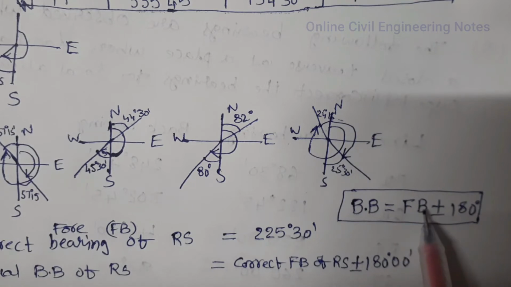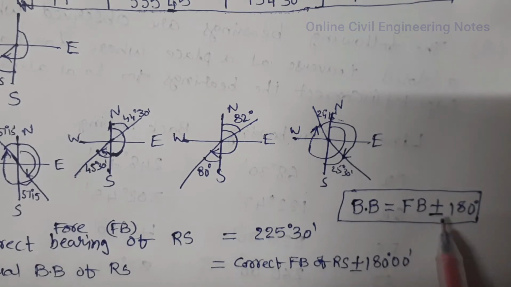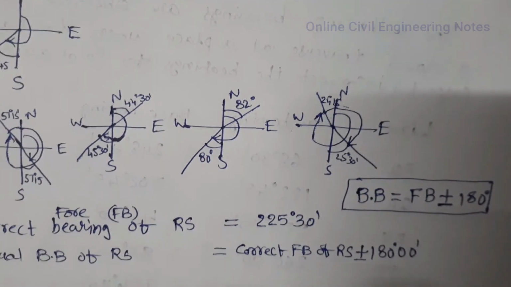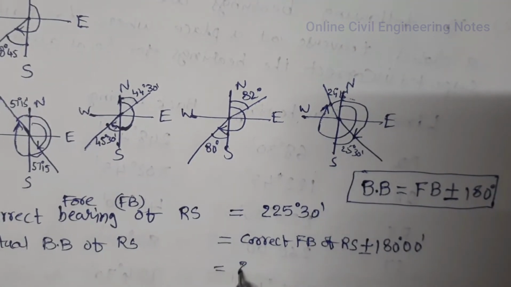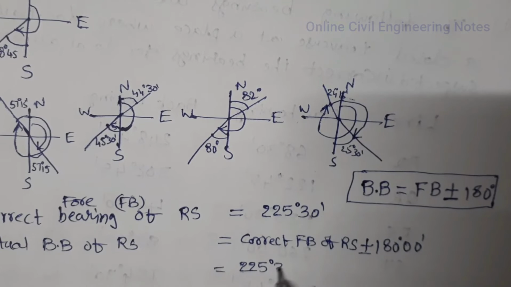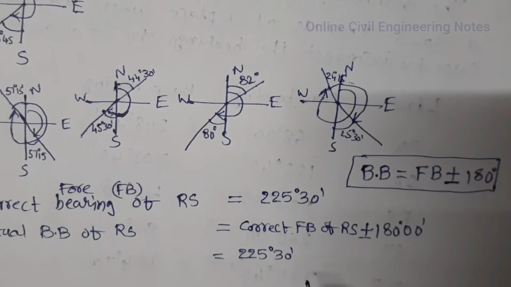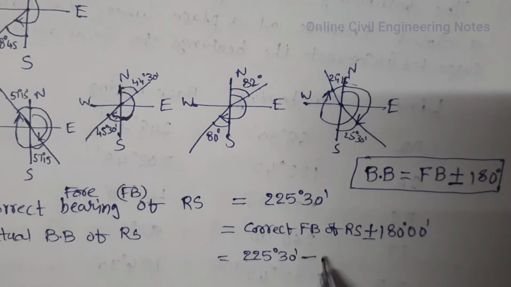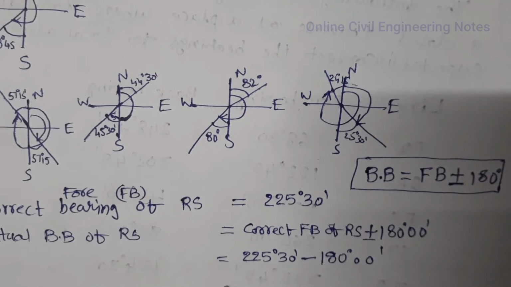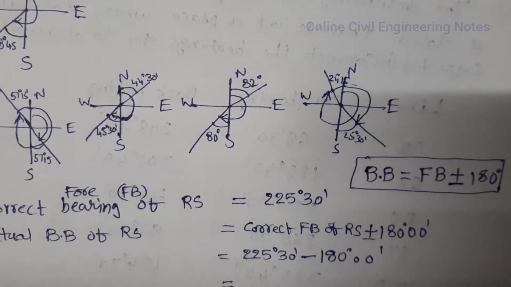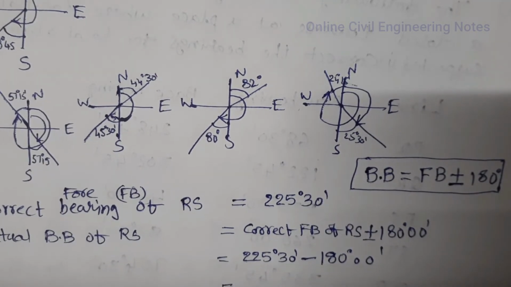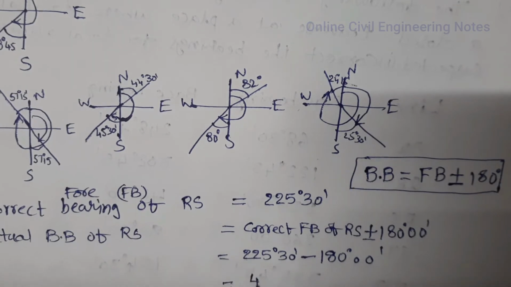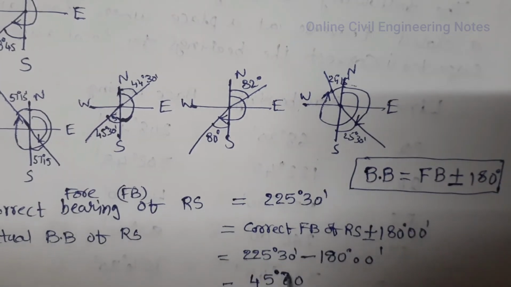If it is greater than 180, apply negative sign. 225 degrees 30 minutes is greater than 180, so minus 180 degrees. Actual back bearing of RS is equal to 45 degrees 30 minutes.